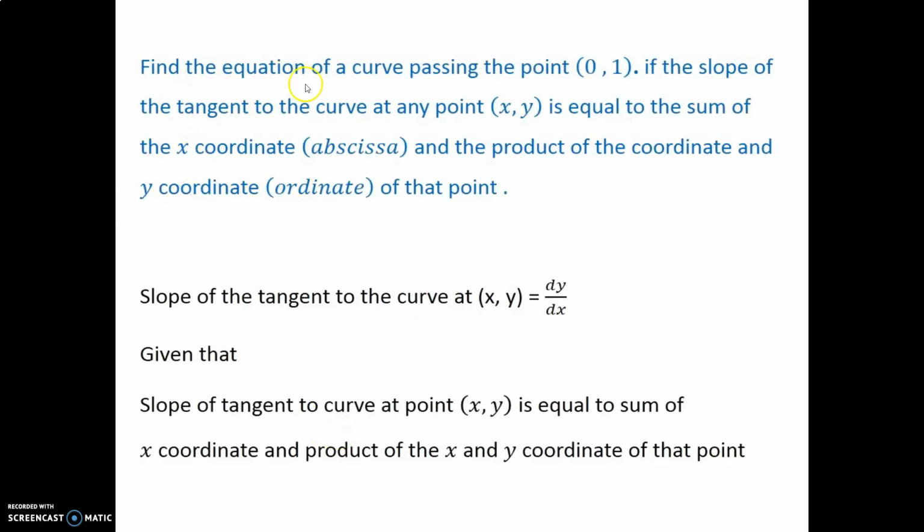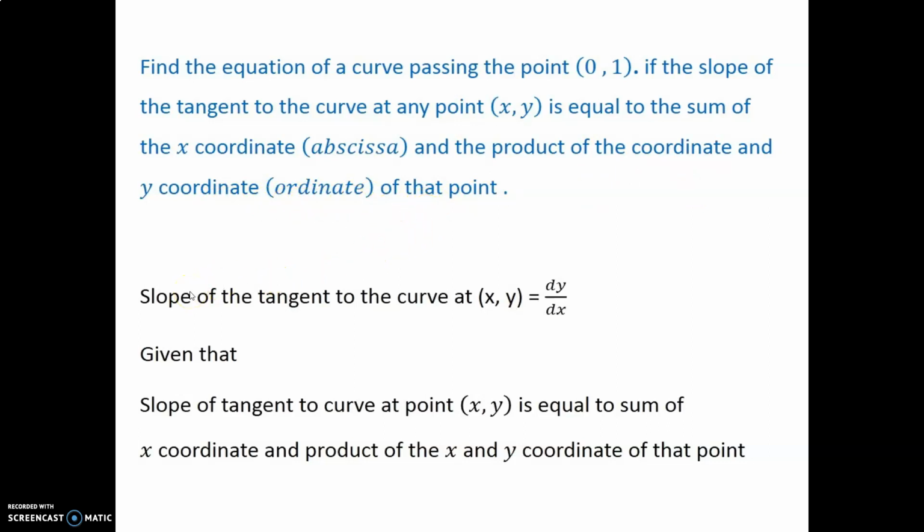Example: find the equation of the curve passing through the point (0, 1) if the slope of the tangent to the curve at any point (x, y) is equal to the sum of the x coordinate, that is abscissa, and the product of the x coordinate and the y coordinate, that is ordinate, of that point.